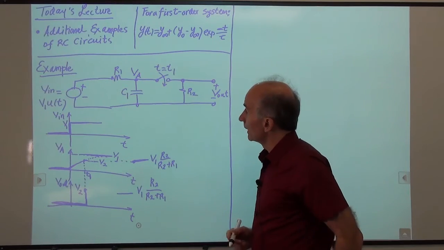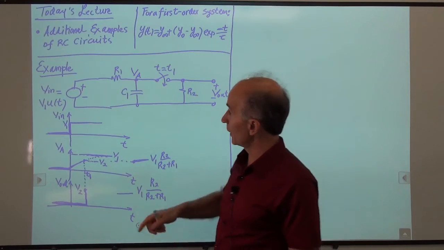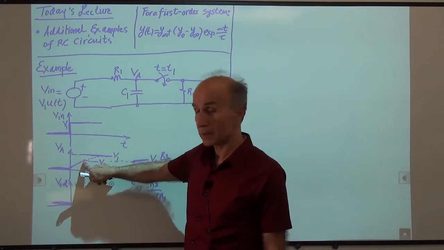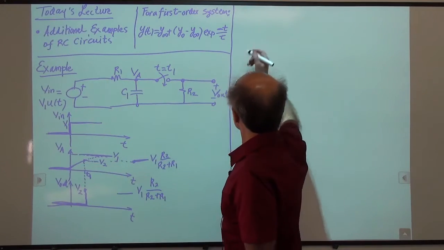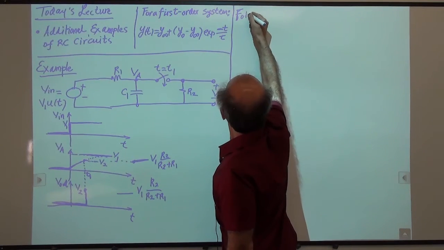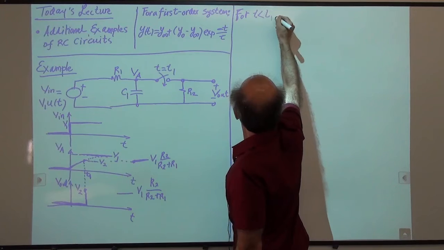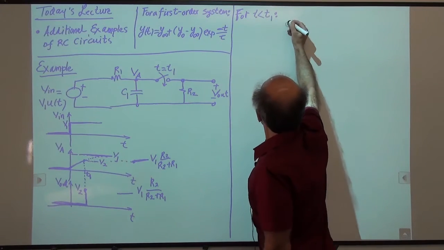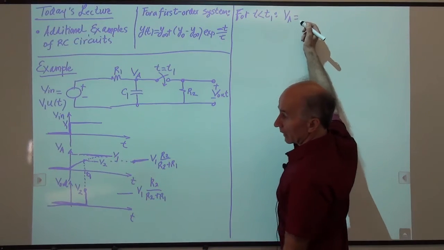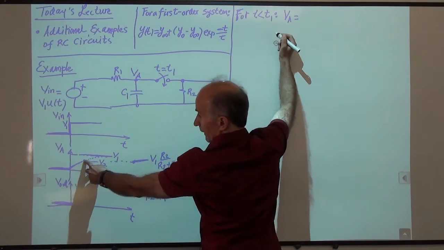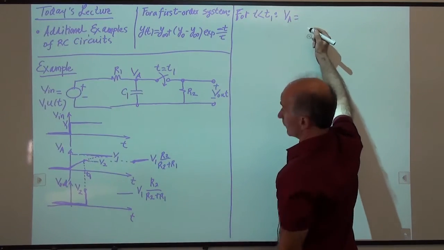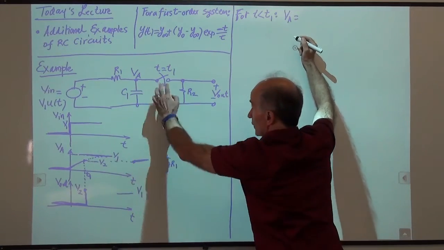All right, so let's begin to write the equation for VA before the switch conducts. So from here to here, that's easy enough. So I'm going to say for T less than T1, we can say that VA is equal to, the initial value is 0, the final value is V1, right? This is the voltage that VA wants to get to, but we don't let it because at this point the switch turns on.